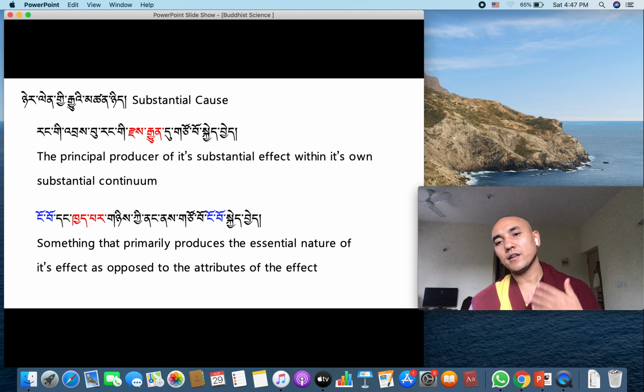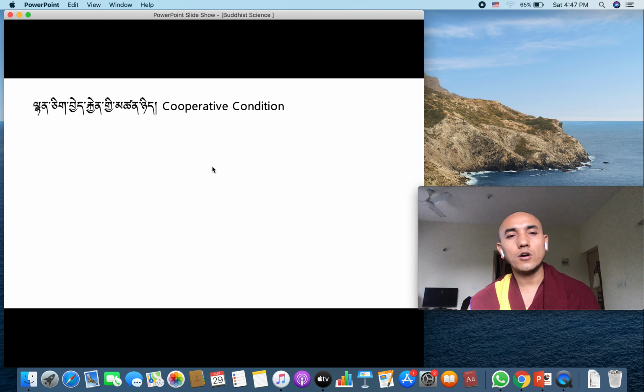This is the other meaning of substantial cause, and the meaning of cooperative condition is something that primarily produces its cooperative effects outside its own substantial continuum, or one could say something that primarily produces the attributes as opposed to the essential nature of the effect.